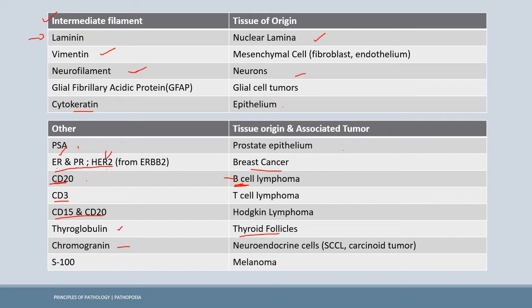Chromogranin is for the neuroendocrine cells, and the neuroendocrine cells have usually the carcinoid tumor or the squamous cell carcinoma of lung. The carcinoid tumor has a good prognosis, the squamous cell carcinoma of the lung has a poorer prognosis. Now S100 is used for melanoma. Probably you would be able to just remember all these once you go through them again.